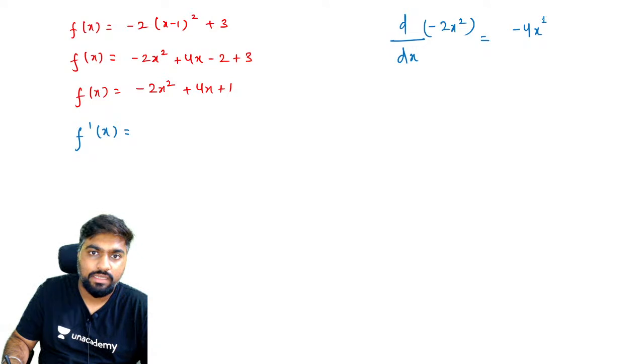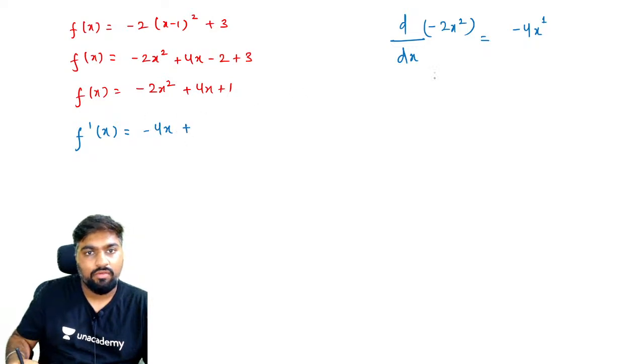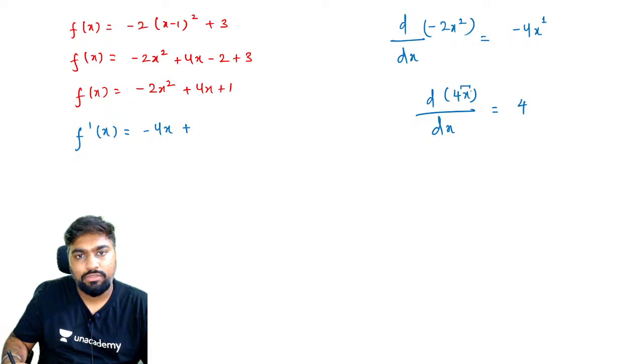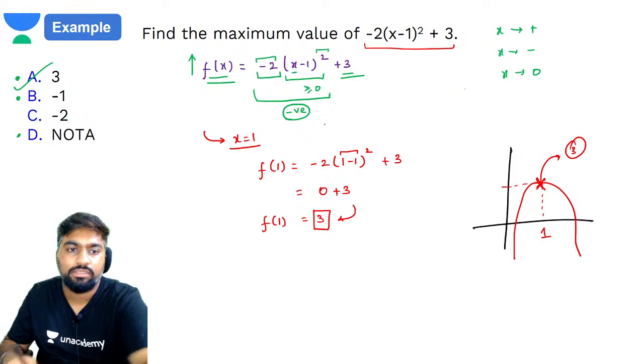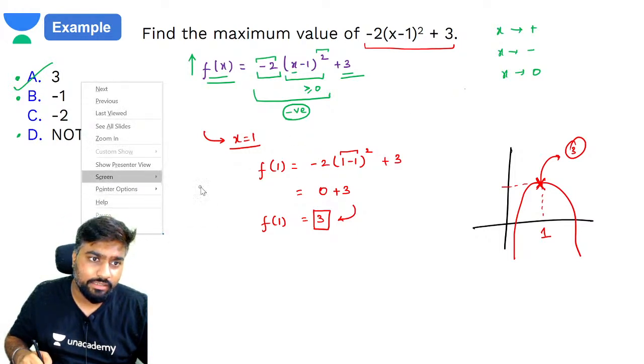Yes, 2 minus 1 is 1. Understood? So what will you get? You will get minus 4x. When I find the derivative of 4x, what will happen? 4, since there is no power here.